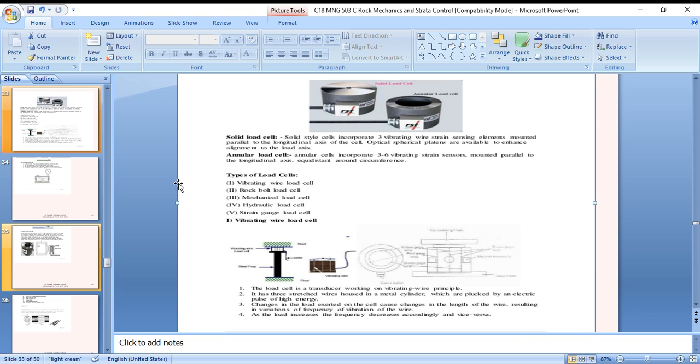It has a stretched wire housed in a metal cylinder, plucked by an electrical pulse of high energy. Change in the load carried on the cell causes change in the length of the wire, resulting in a variation of the frequency of vibration of the wire. As the load increases, frequency decreases, and vice versa.